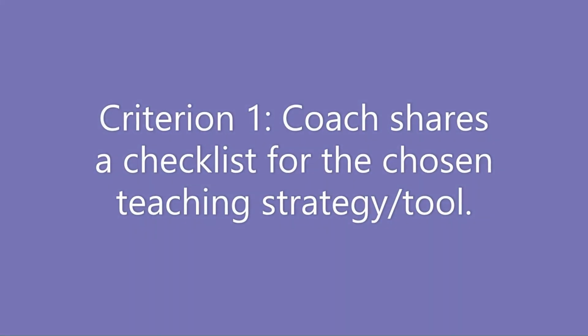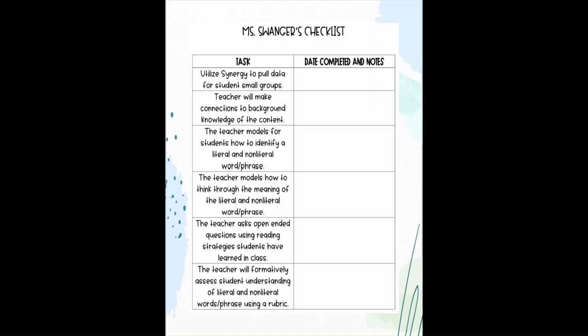I've created a checklist that I shared with you, so you have a digital copy and a hard copy. I'm just going to go over that, and we're going to utilize this checklist to determine the specifics of our goal. Okay. So the first task is to utilize Synergy to pull data for student small groups. The teacher will make connections to background knowledge of the content.